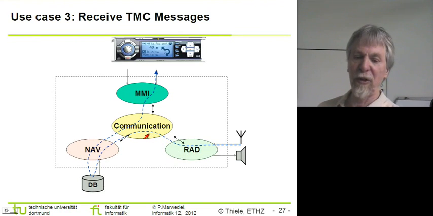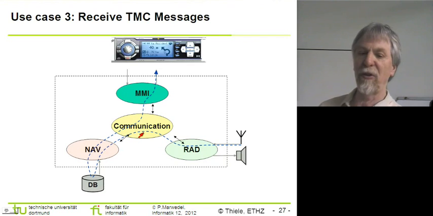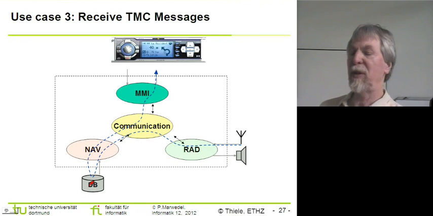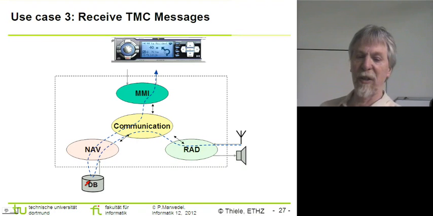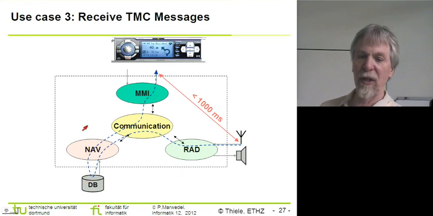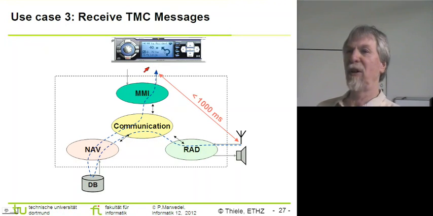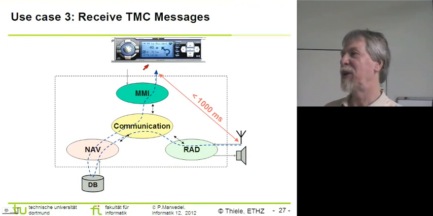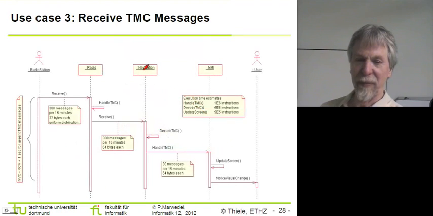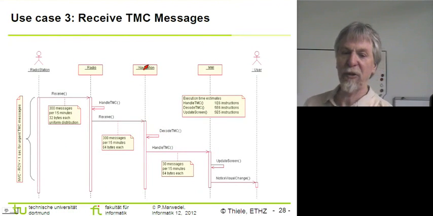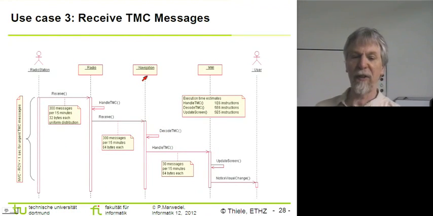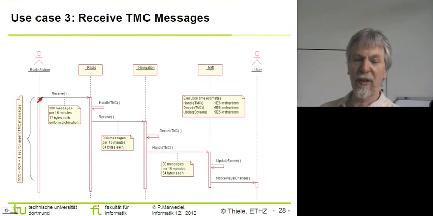The message might refer to some geographical position, and it might be useful to first check the database, what's available about that particular location before we send anything to the display of the stereo. Since the user doesn't really know at what time this radio signal is coming in, we can allow for a larger delay there.